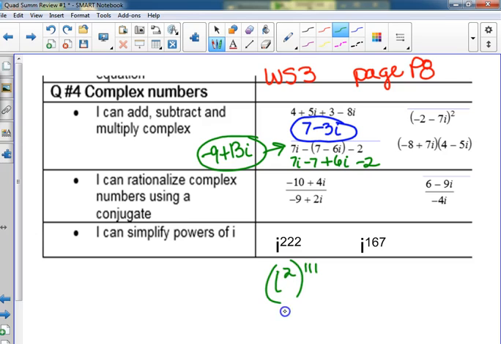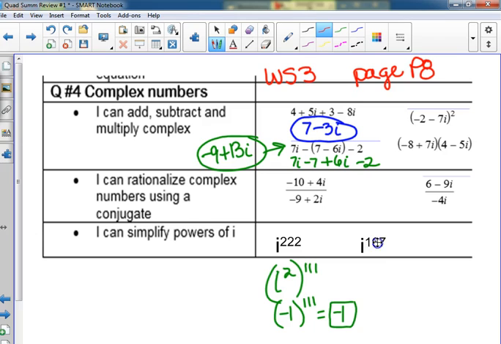And i squared is? And even the simplest scientific calculator will do -1 to the 111th power if you need it to. But you'll get it wrong if you don't put it in parentheses. You shouldn't need to type it in, right? Should be what? An odd power, so it should just be -1.